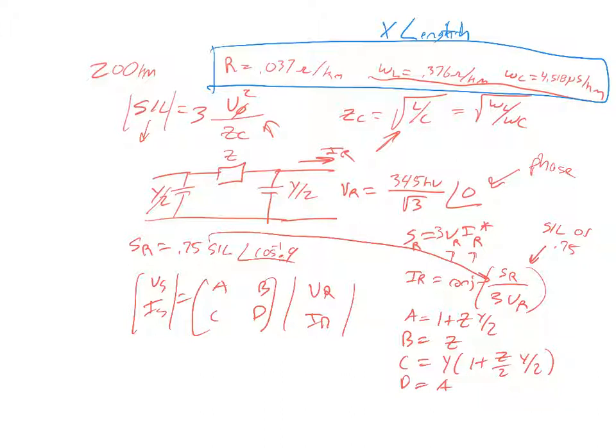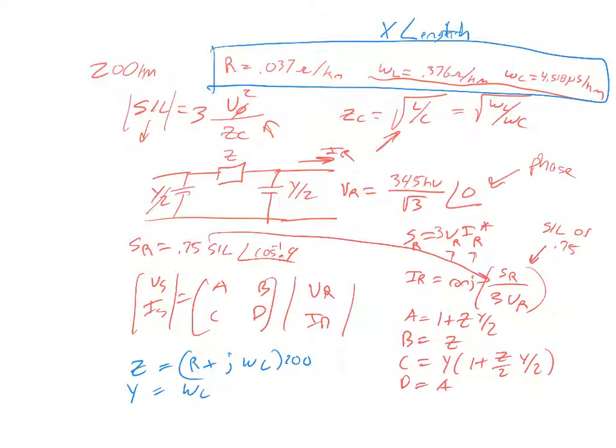Okay? So when you do that, your Z value is really just going to be R plus j omega L times 200. Your Y value is going to be equal to omega C. What do we do with our omega C?